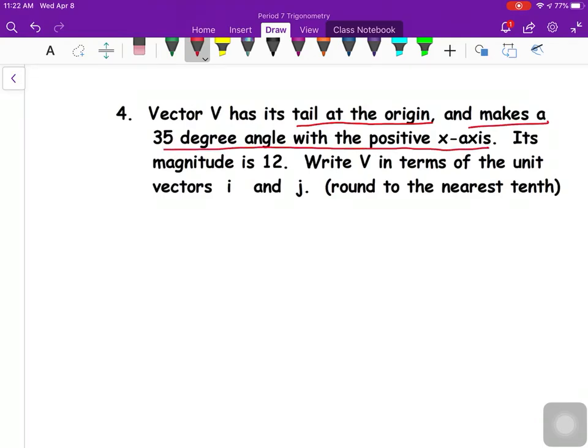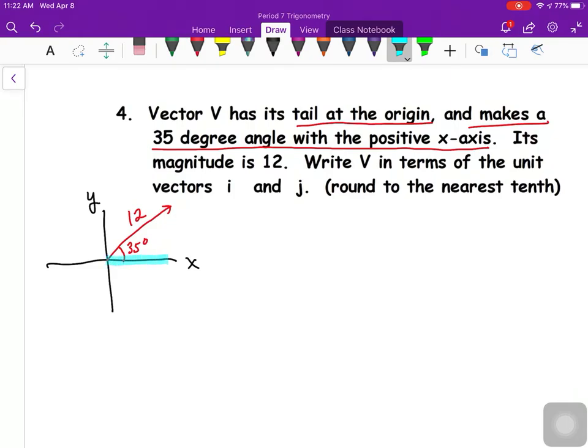Now in this one, they actually describe a vector for us. They tell us that the vector v has its tail at the origin, and it makes a 35-degree angle with the positive x-axis. So if I was to draw my coordinate plane here, here's my x and here's my y, the vector that I'm talking about here makes a 35-degree angle with the positive x-axis.